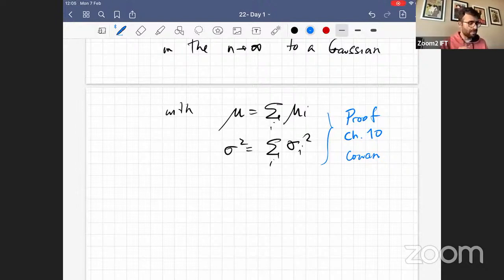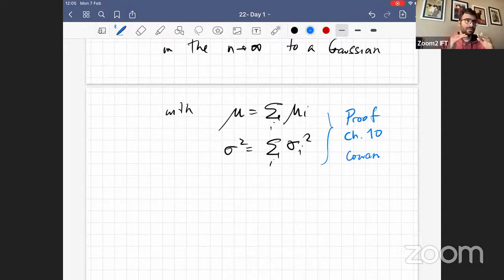There are many subtleties in the proof, etc., but you just need to watch out: when you are away from the center of the Gaussian, it may not be that Gaussian if the underlying distributions of X are quite non-Gaussian, okay? So this is a theorem working mostly at the center of the distribution.